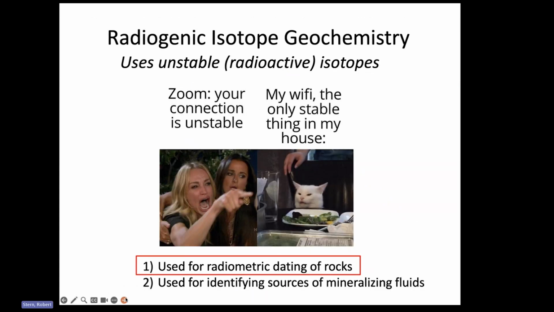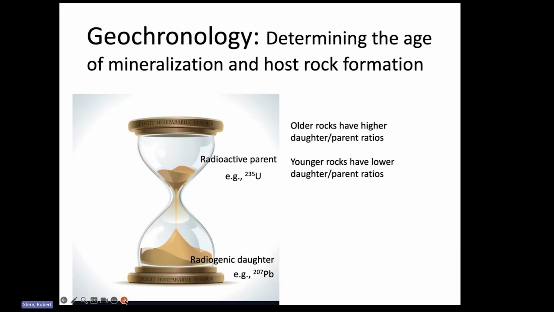All right, so let's talk about how we use this to determine the ages of rocks. Geochronology is the field. This is where we use the radioactive decay of certain elements in certain minerals to determine the age of mineralization and host rock formation.